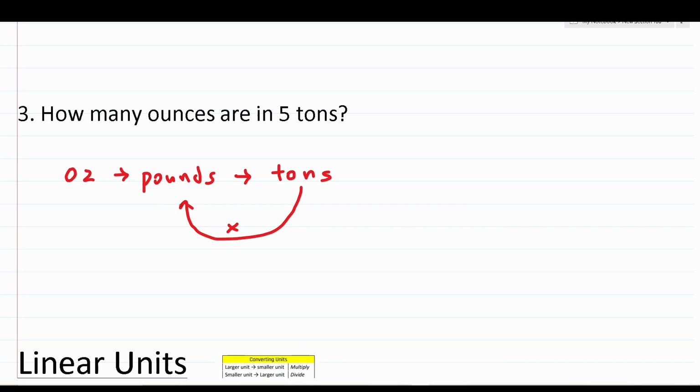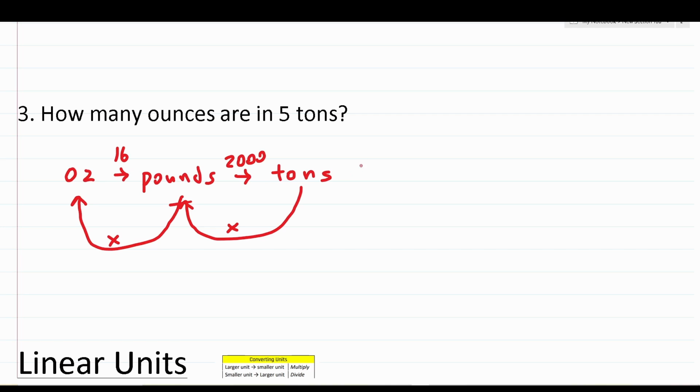Then once we convert tons to pounds, we're going to go from pounds to ounces, which means we're going to multiply again. Well, what are we going to be multiplying by? You have to know that there are 2,000 pounds in every ton. So here we're going to multiply by 2,000. And likewise, you have to know that there are 16 ounces in every pound. So to make this conversion of pounds to ounces, we're going to multiply by 16.